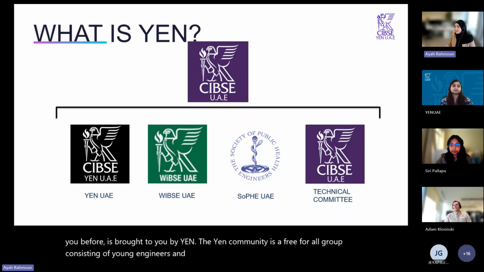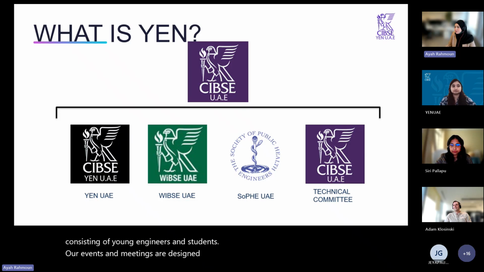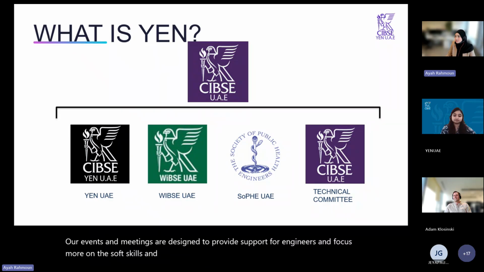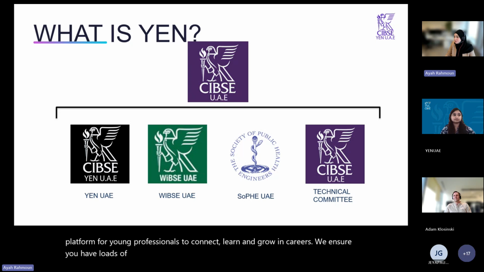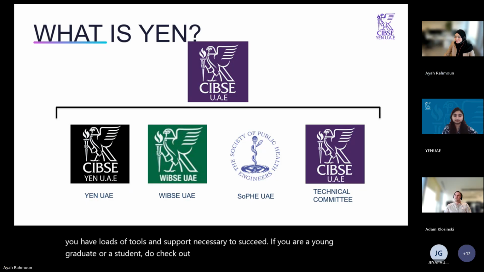Our events and meetings are designed to provide support for engineers and focus more on the soft skills and knowledge needed to navigate careers. YEN offers a platform for young professionals to connect, learn, and grow in careers. We ensure you have loads of tools and support necessary to succeed. If you are a young graduate or a student, do check out YEN.